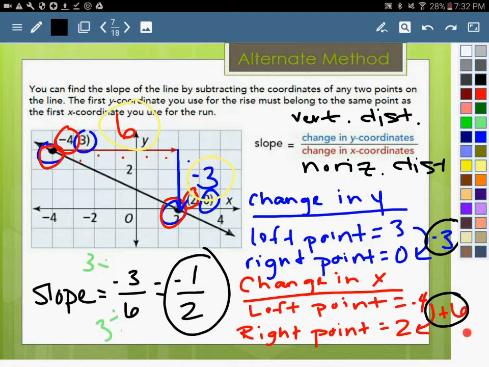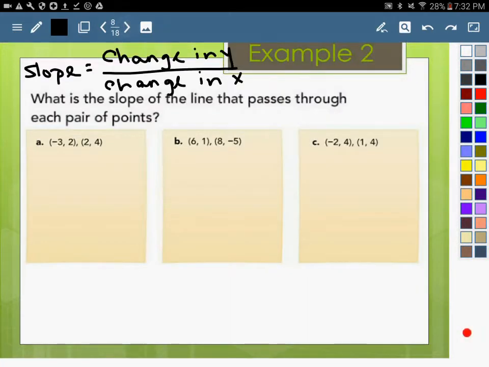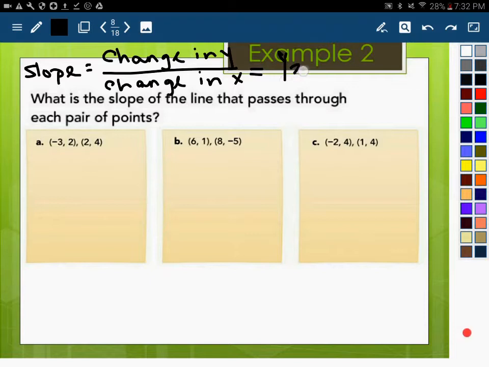Now, if you notice, I could actually create a formula out of this. In the alternate method, all I really did was take this number from the right point and subtract this number. 0 minus 3 is negative 3. 2 minus negative 4 is equal to positive 6. So the formula for this would be y2 minus y1 over x2 minus x1.